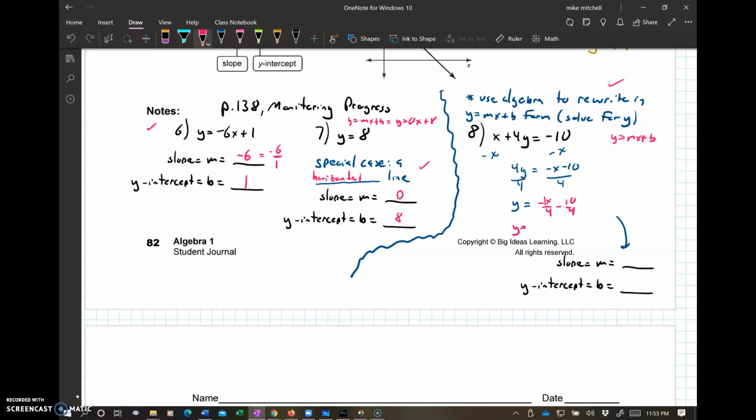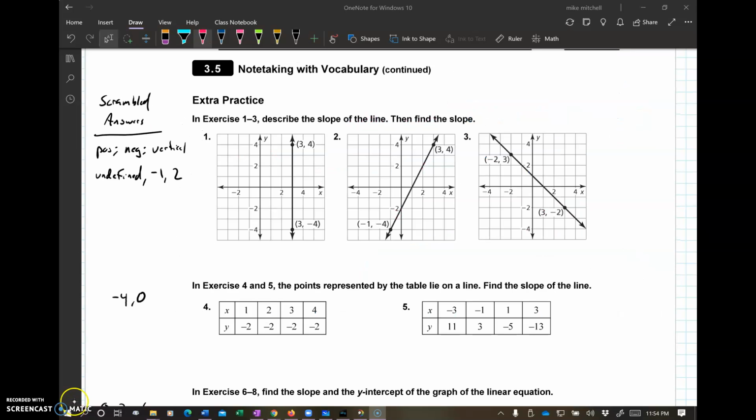Don't forget there's a 1 in front of that. So that's like negative 1/4 x. 10 over 4 reduces to 5 over 2. That's going to give us a slope of negative 1/4 and a y-intercept of negative 5 over 2. That's a more challenging one. If you got that one, good on you.